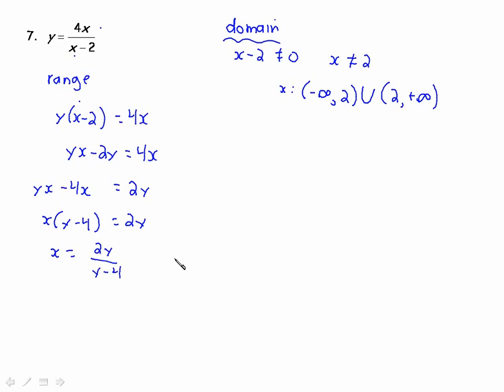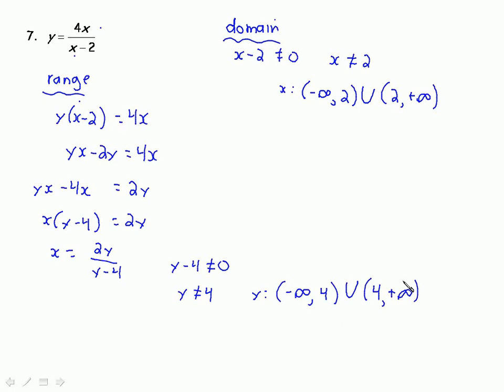And now we can see that for the range, y minus 4 cannot equal 0, so y cannot equal 4. So in interval notation, negative infinity to 4, open interval, in union with 4 to positive infinity. And there is our range.